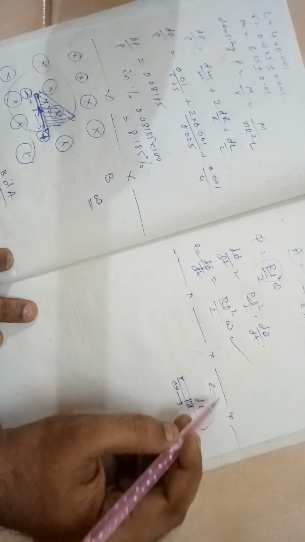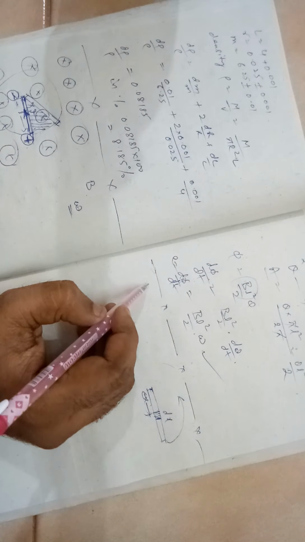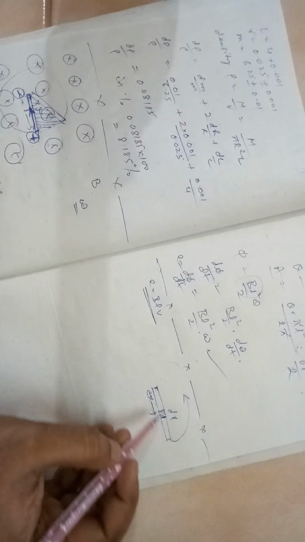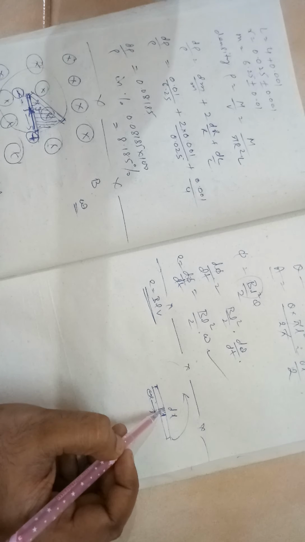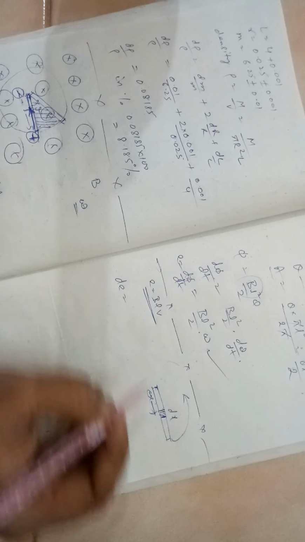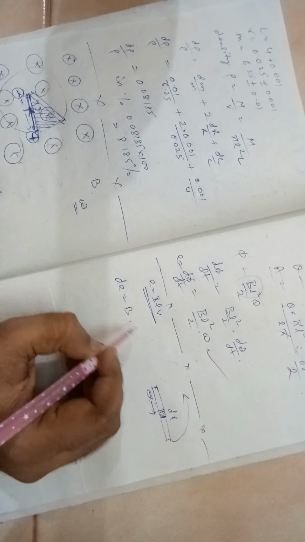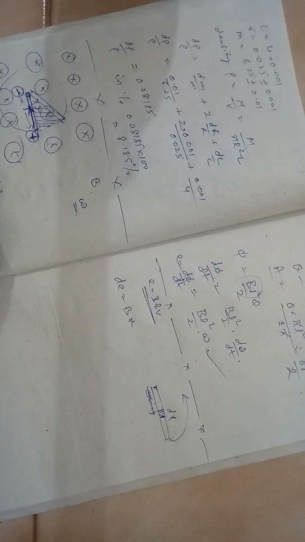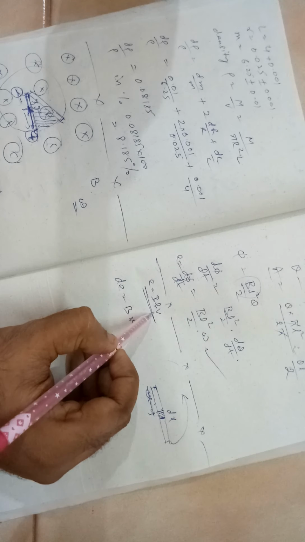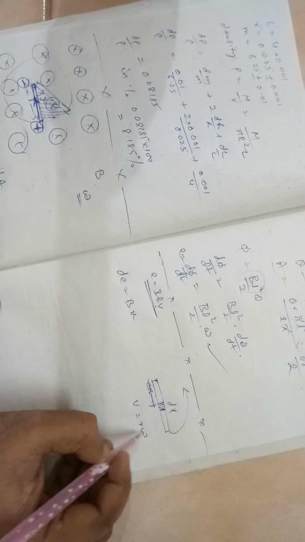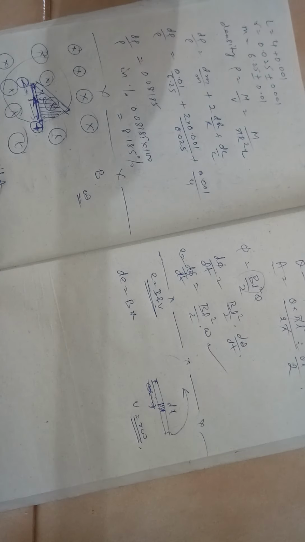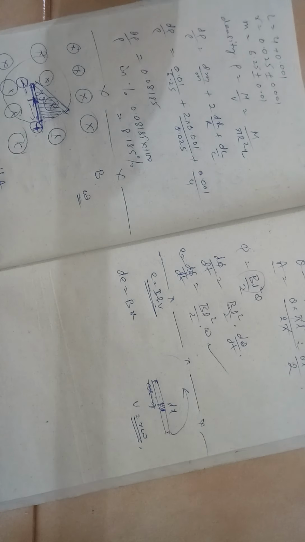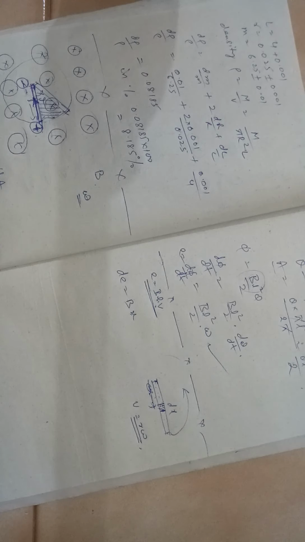So when it is rotating like this, our formula was E is equal to B L v, right? So for the small element, I will get dE is equal to B, length I need to take dx, and v is equal to r omega, right? Here different points will have different linear velocities.